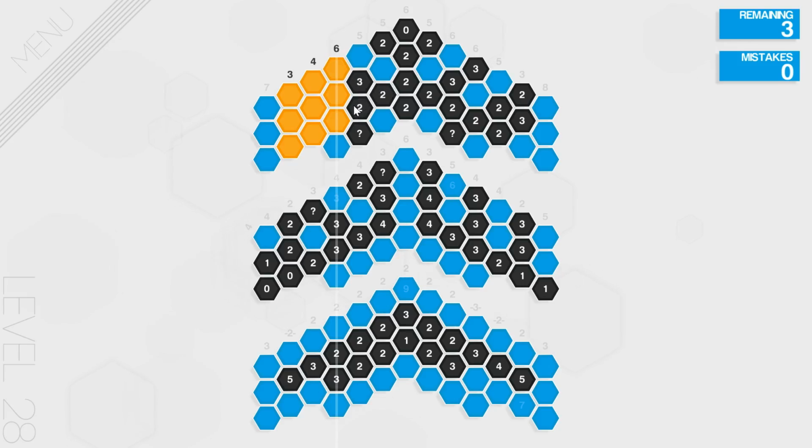Same thing I believe over here. This 2 has to touch 1, and this 3 has to touch 1, and there's only 1, 2, 3, 4, 5. Yes, there's only one space. So again, this is part of it, and this is out, and this is out. This 3 is only touching 3, so that's in. This 2 has already been satisfied, so those 2 are out. This 4 has been satisfied. There's 1 remaining.